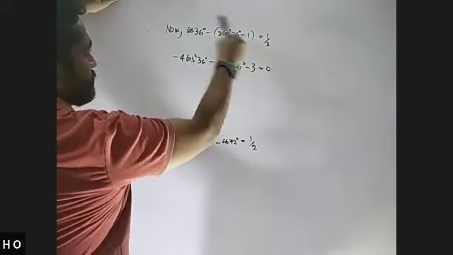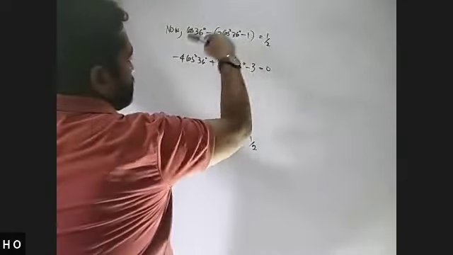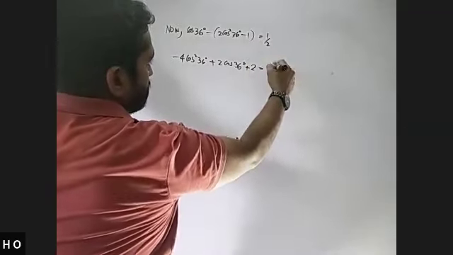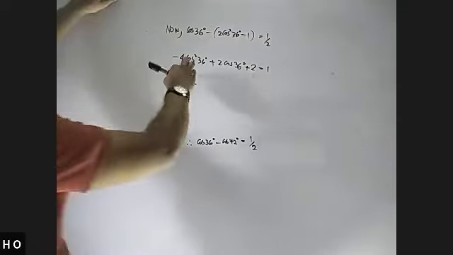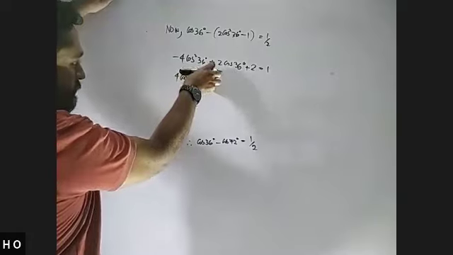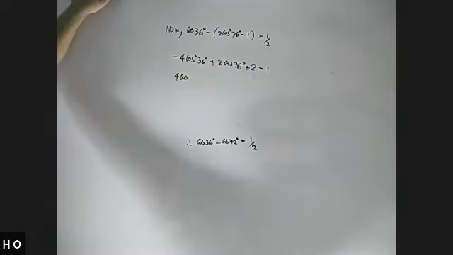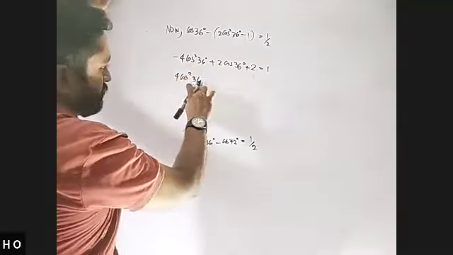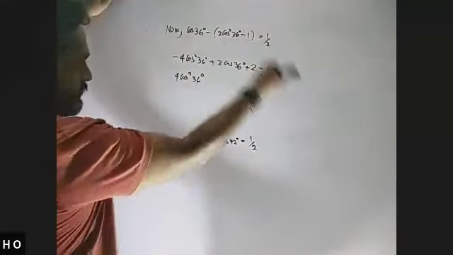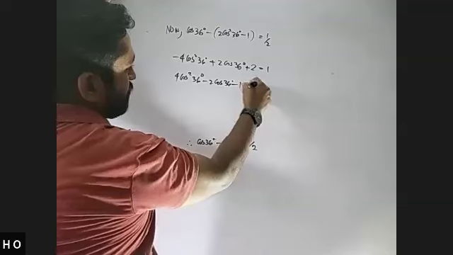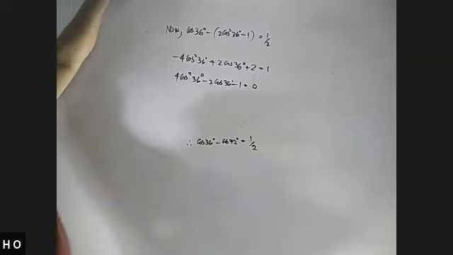Let us bring all the terms to the other side, because I prefer to have the linear coefficient as plus, though it doesn't matter if it is minus. So 4 cos squared 36 minus 2 cos 36 minus 1 equals 0.